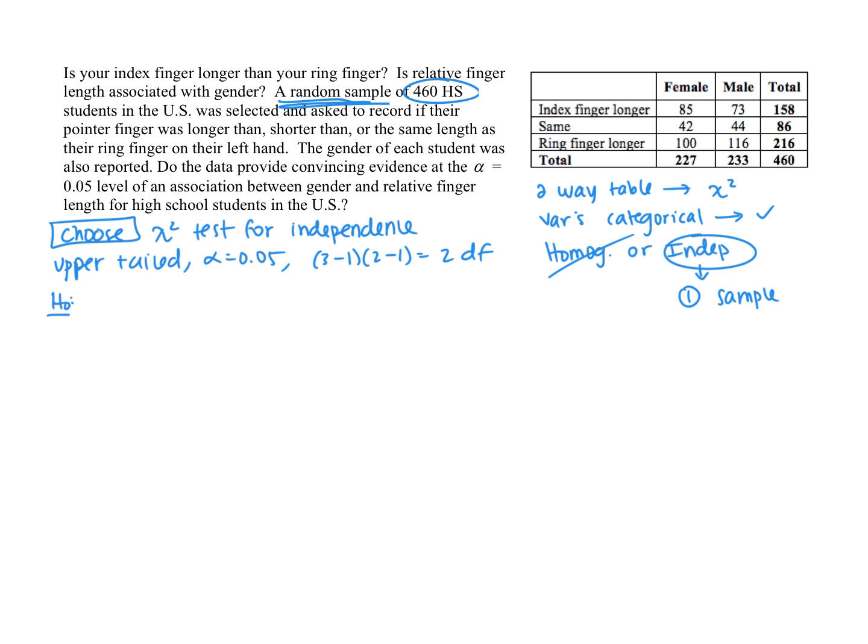Okay, so in terms of our null and our alternative, it says, is there evidence of an association? That just means a relationship. Is there evidence of a relationship? So we are going to assume no. So our null is, there is no association between relative finger length and gender.